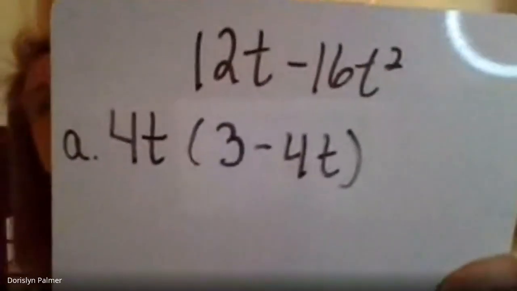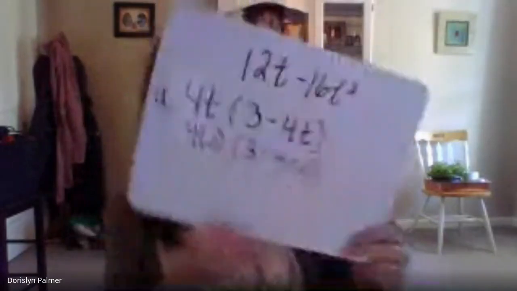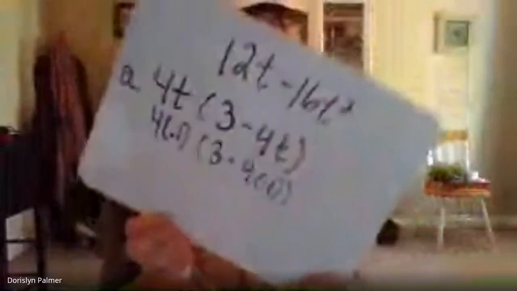They want to know what is the spider's height after 0.1 second? Wherever you see a t, you're going to fill in 0.1. So you're going to do 4 times 0.1 and then 3 minus 4 times 0.1. And you're going to use a calculator. That'll give you 0.4 times 2.6.